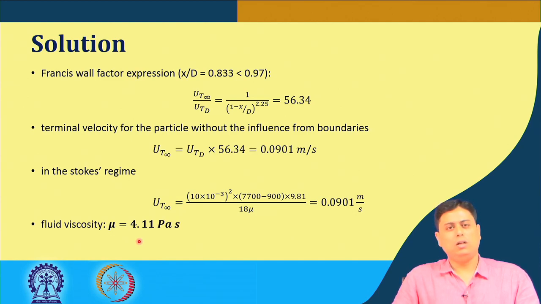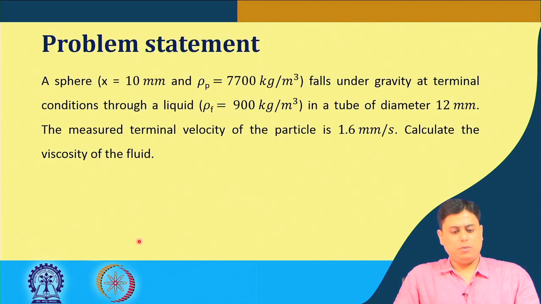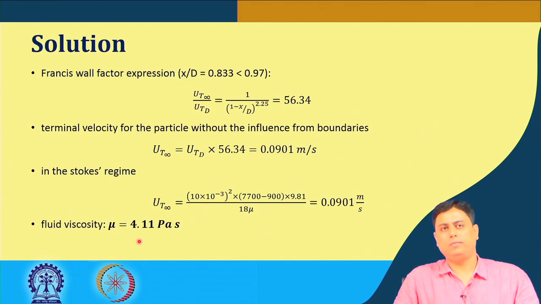So I hope this is clear. Again, the problem statement was a spherical object falling through a tube of known diameter, where the tube and the particle have comparable dimensions. We have a measured value of the terminal velocity. So what is the viscosity of the fluid?